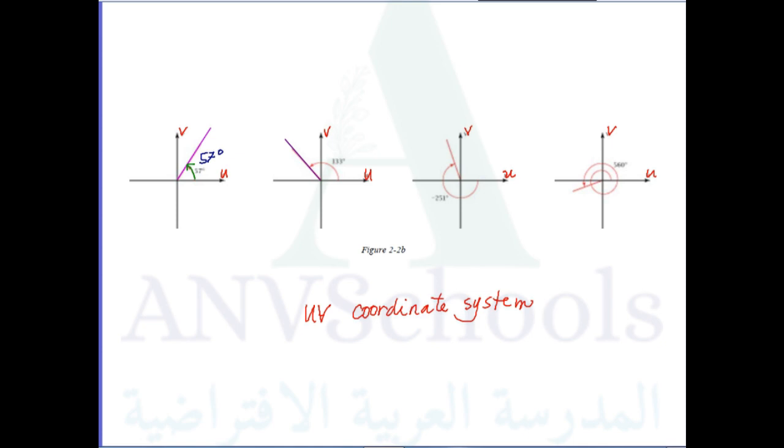Note that this is greater than 90 degrees. But still, its rotation should start from the initial side, along the positive x-axis, so this would be measured counterclockwise, and this is equivalent to 135 degrees.